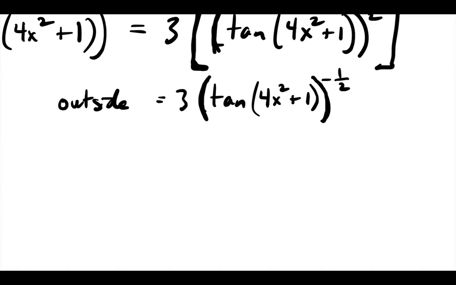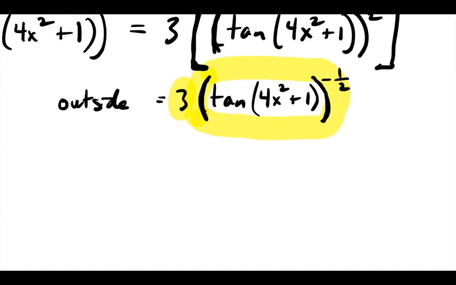There it is right there, yeah. 3 is the coefficient, right? And something to the power of negative 1/2. That's how I would find the derivative of that. Move the negative 1/2 to the front, multiply, take away a power.